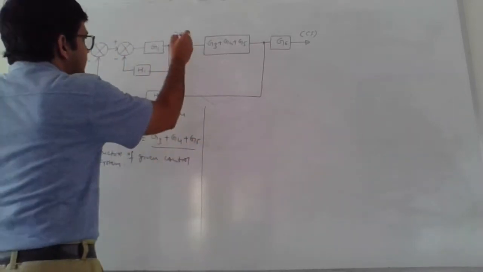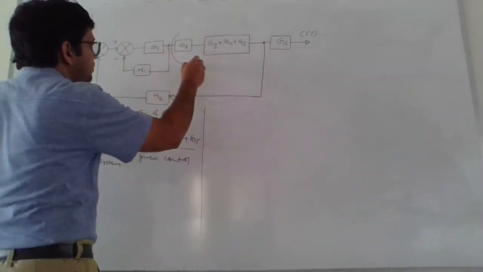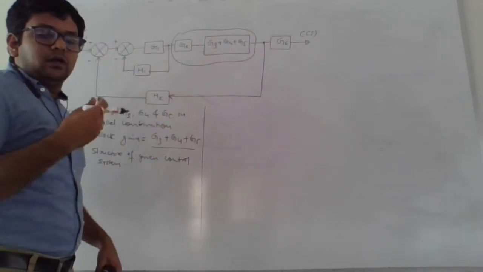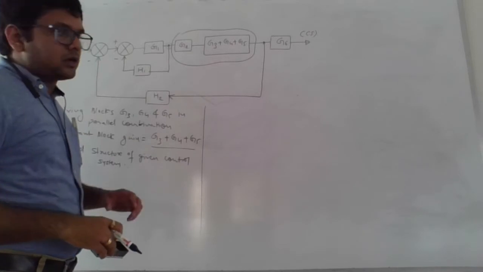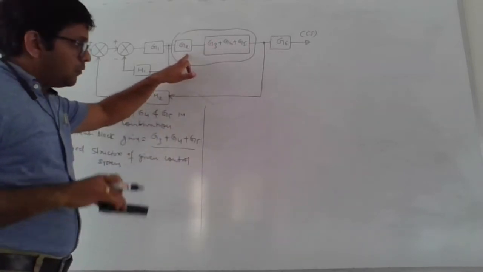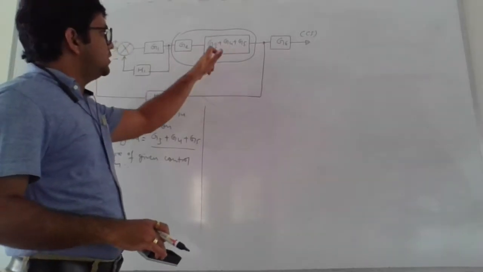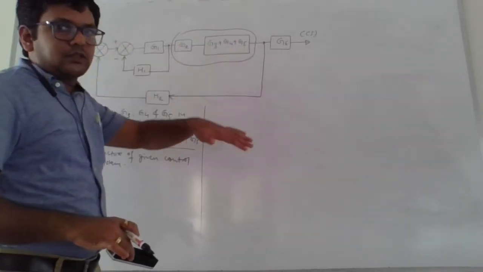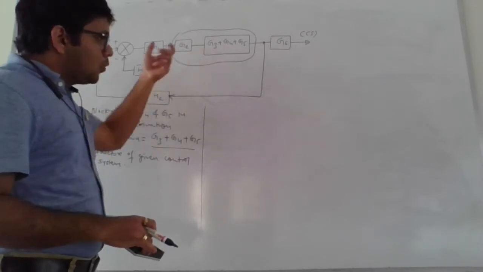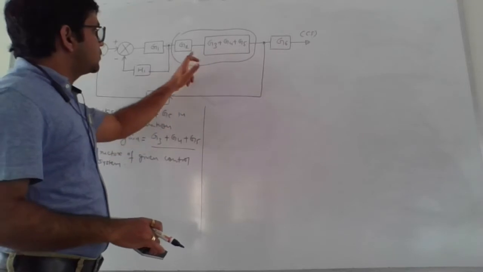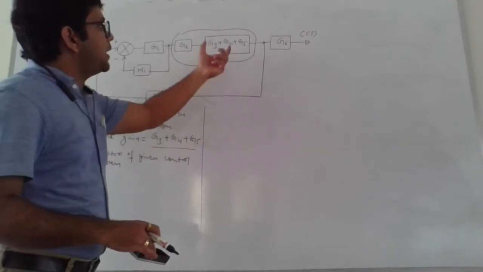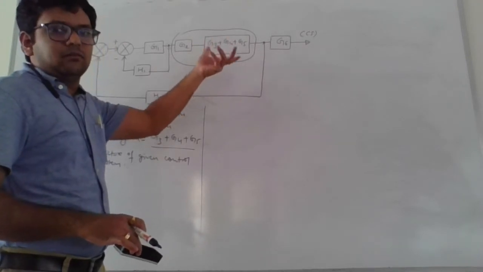So in step number 2 we are going to replace this combination by a single block where the equivalent block gain is a product of individual block gains. Here the gain of this block is G2, whereas the gain of this block is G3 plus G4 plus G5. Both of these are in series. So if you want to replace this combination by a single block gain, we need to take G2 multiplied by this entire block gain, that's it.